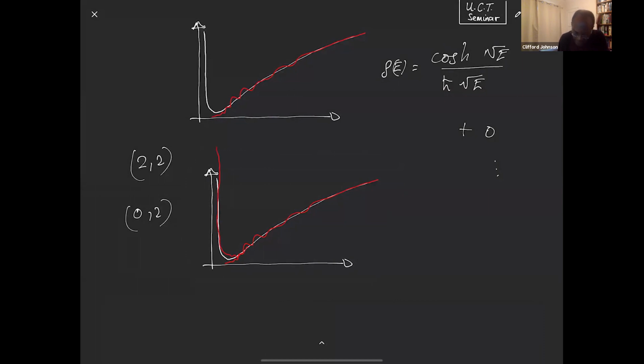I drew it rather badly, but instead of going away, it stays there and in fact persists non-perturbatively.